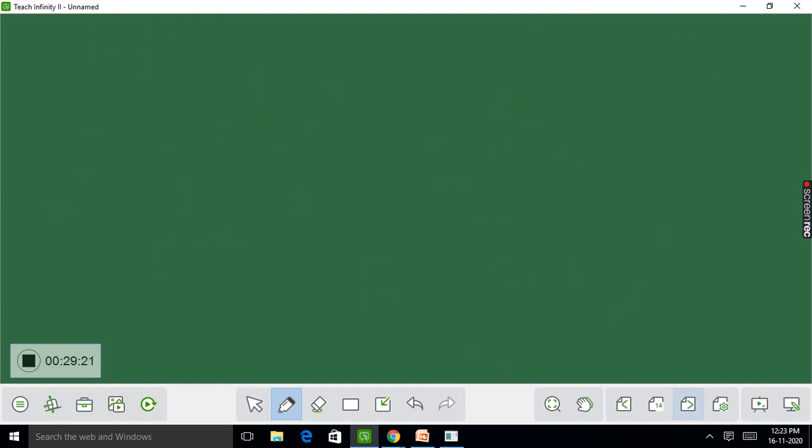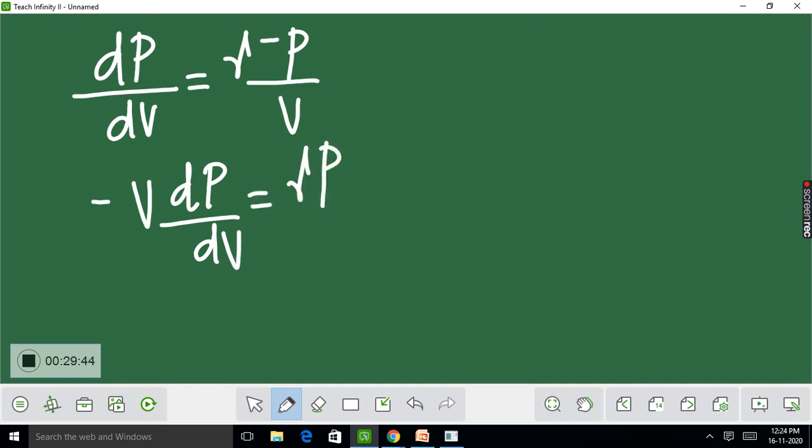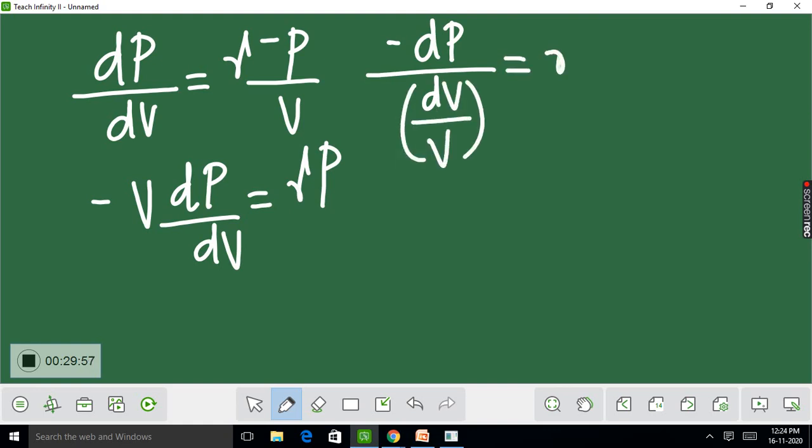Now what about the adiabatic process? In the adiabatic process we have obtained the slope dP by dV equal to gamma times minus P by V. Rearranging, we get minus V into dP by dV equal to gamma P. Again rearranging, we get minus dP divided by dV by V equal to gamma P. The left hand side is the bulk modulus of elasticity in the adiabatic process.